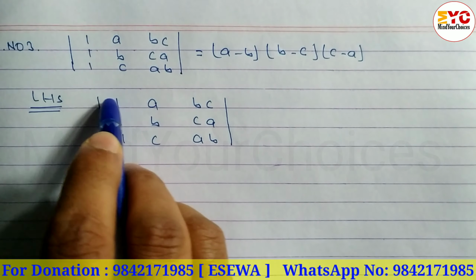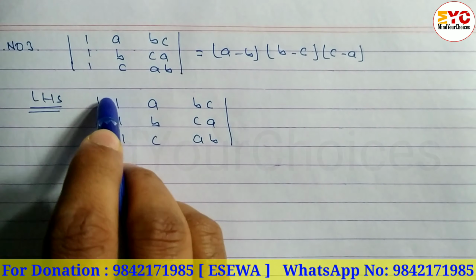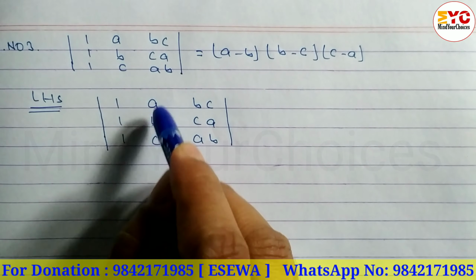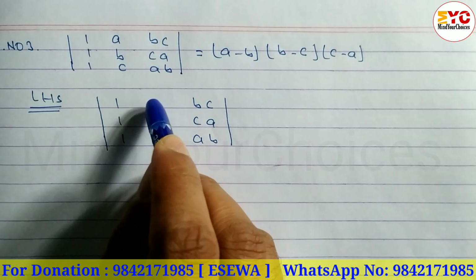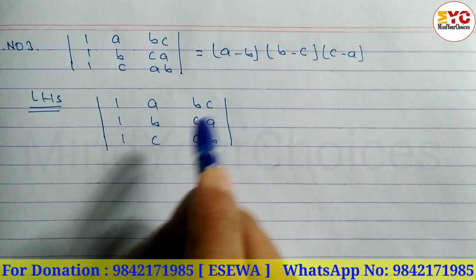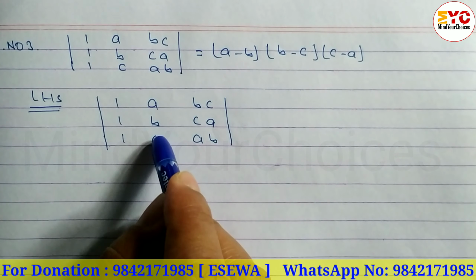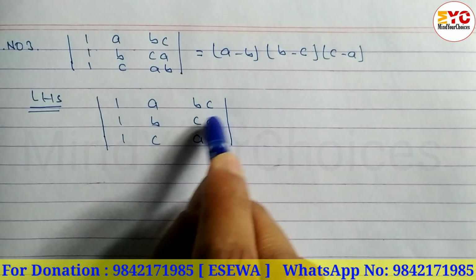When you subtract the first row and the second row, we will get A minus B when you take this B here. 1 minus 1 is 0. After that B minus C, it means you have to subtract the second row and the third row.